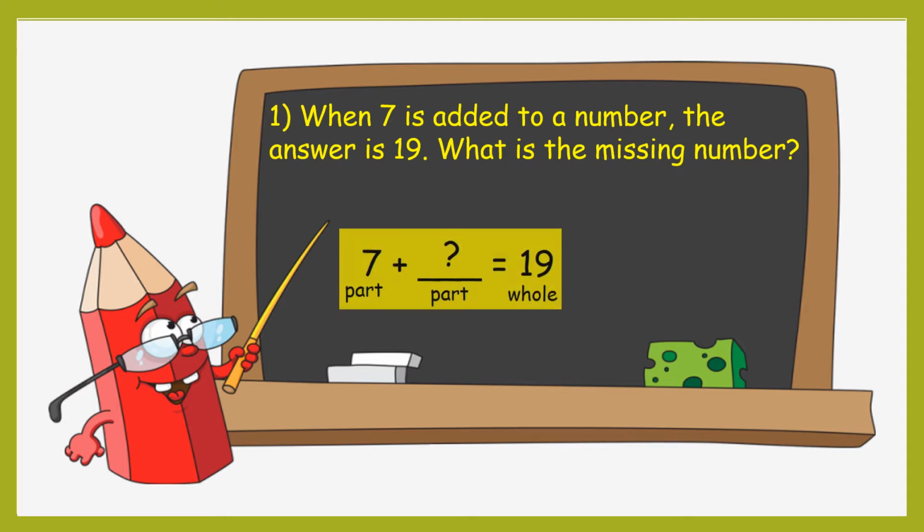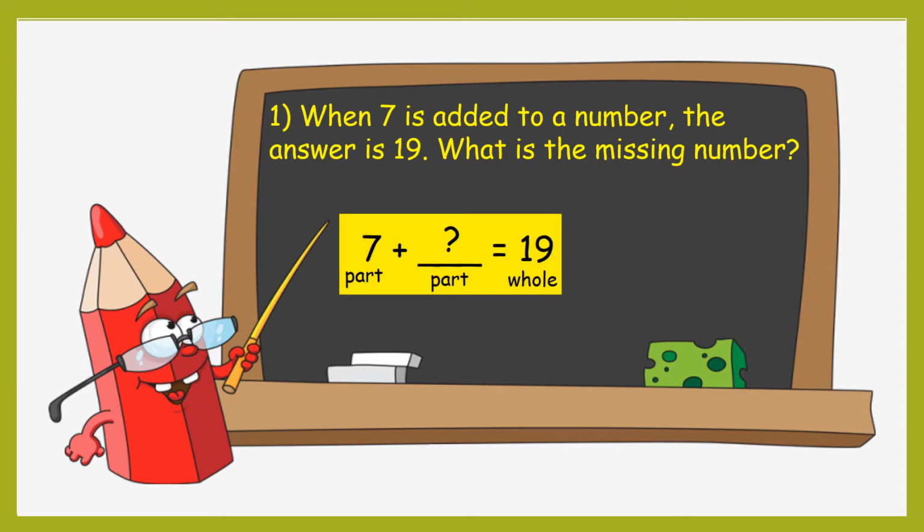Now, do you remember from our previous lesson, our addition sentence, that two parts of the numbers that we add together is equal to whole? And you remember also that we label our numbers as part plus part equals whole.